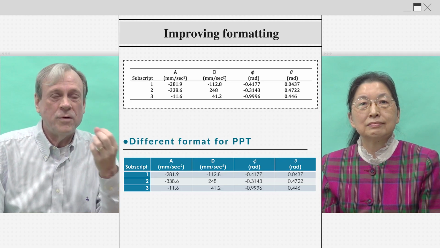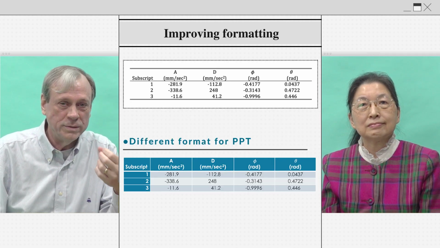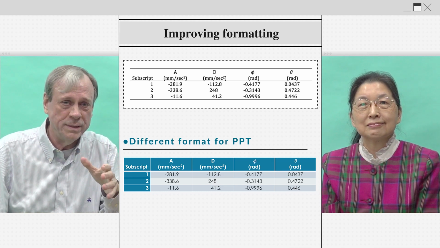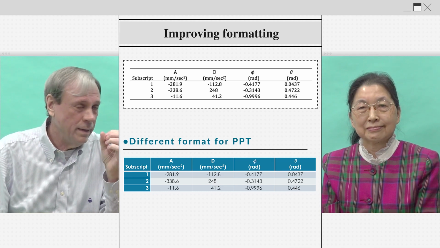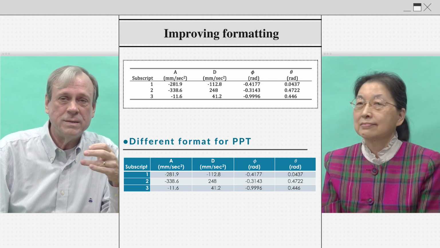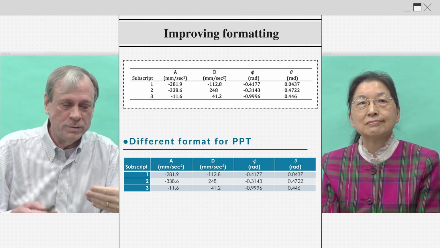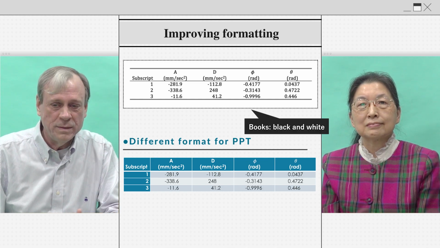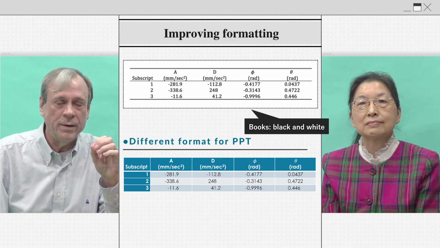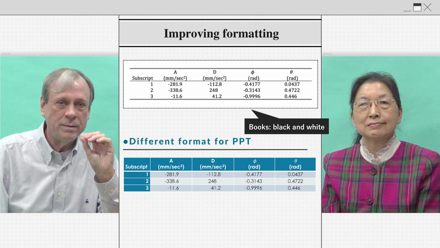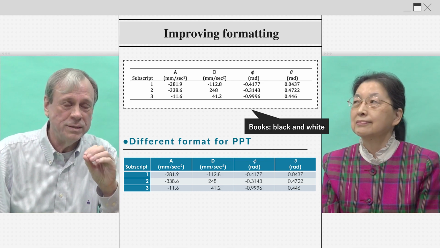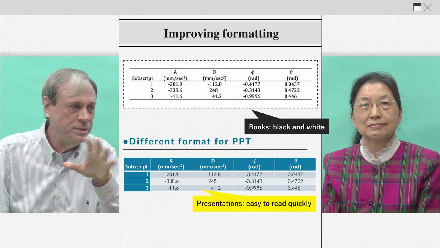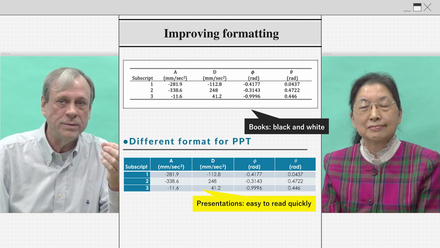Right. Now, for a PowerPoint, you've probably noticed the tables in PowerPoint are very different from the tables in a book. Now, the reason for that is in a book, we're usually trying to use as much black and white as possible. It's easier to see, it's easy to compare. But when you look at a presentation, a PowerPoint, and you're trying to get the information quickly, it's much easier to see if it's somehow colored.